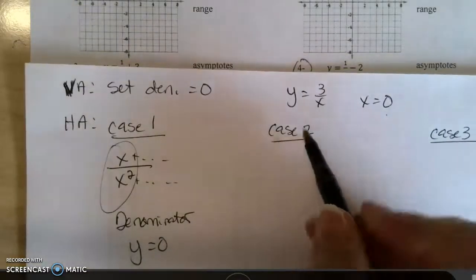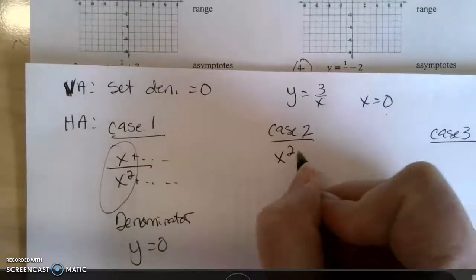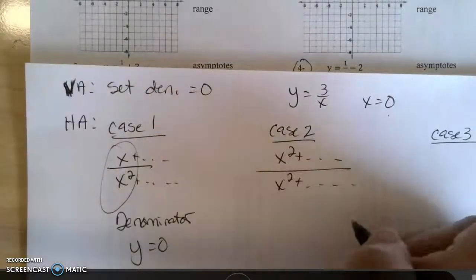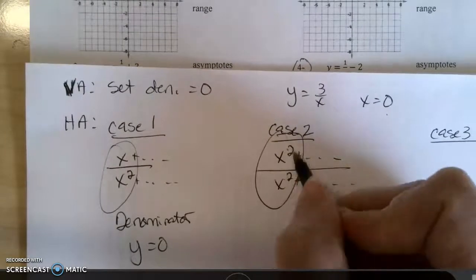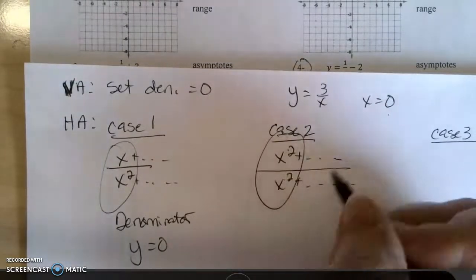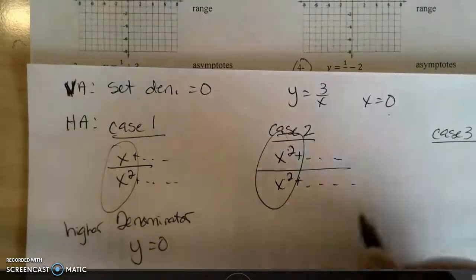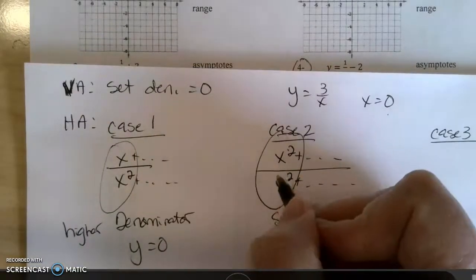The second case is if you have the same exponent. And it doesn't matter what anything else is. You just look at your highest exponent. If they're the same, then you look at the numbers in front.